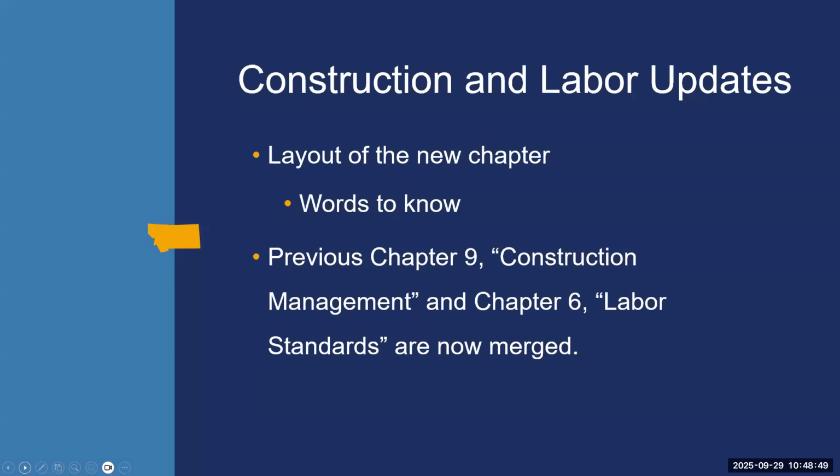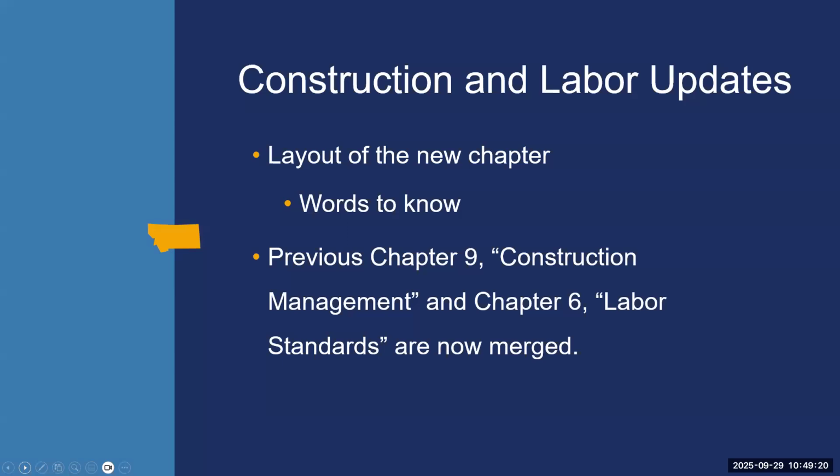Each chapter in this manual starts out with the words to know section. In the labor standards chapter, the words to know include certified payrolls, Davis-Bacon Act, Davis-Bacon wage determination, HUD 4010, labor standards officer, section 3, system for award management, unique entity ID, and WH 347 payroll form.